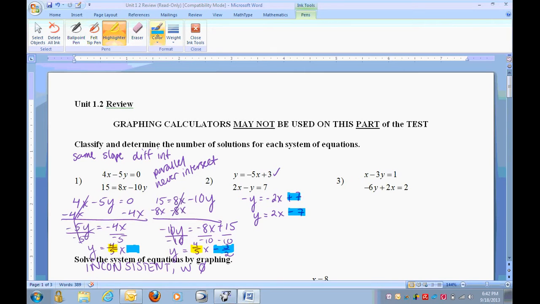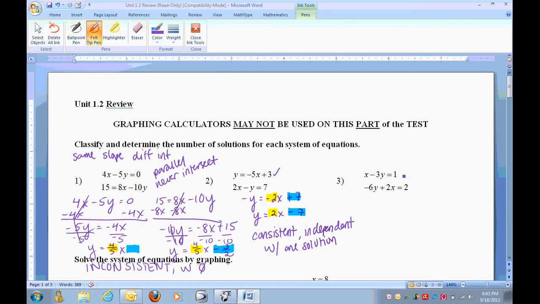So they have different y-intercepts and different slopes. Well, automatically, if they have different slopes, you can go ahead and assume that they will intersect, and that means that they're consistent and independent with one solution.